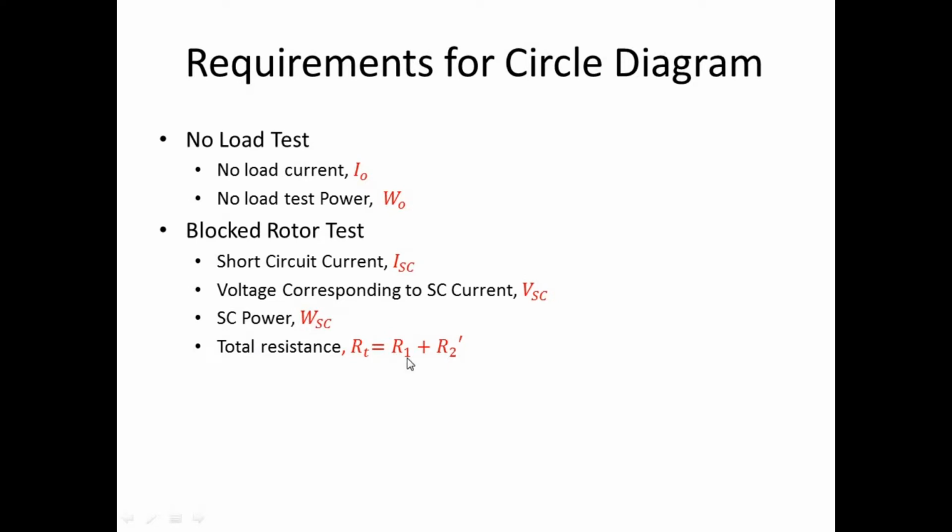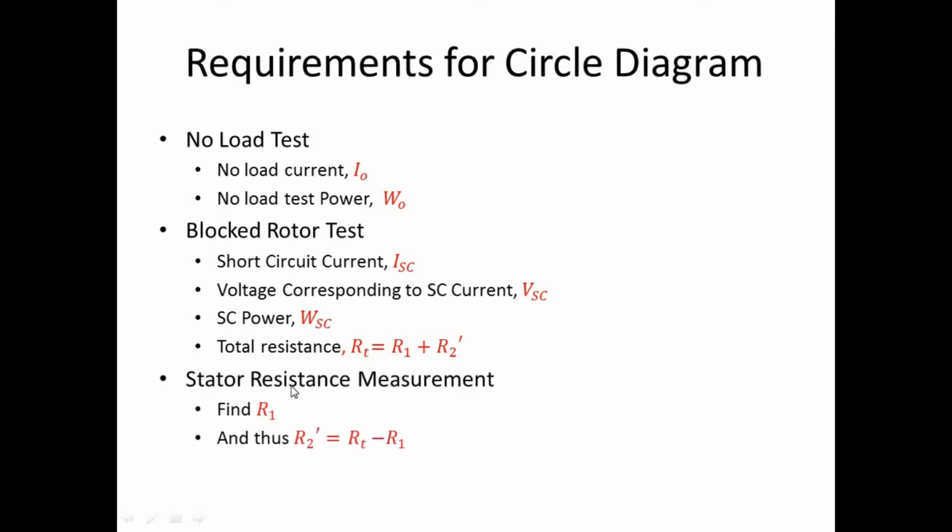We can also find RT, that is the total resistance. And if we find R1, the stator resistance, by some measurement method, we can find R2 dash, which will be equal to RT minus R1. So, we will be getting these parameters from the no load test, block rotor test, and stator resistance measurement in order to draw the circle diagram. It should be noted that I0, ISC, and VSC are phase values, and we are using phase values to draw the circle diagram.